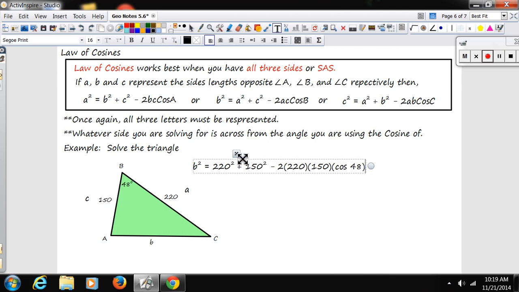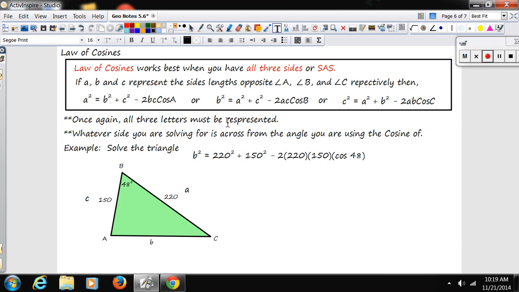Okay, so yeah, it's long to plug in. It's not something you have to memorize. You just need to be able to plug in the pieces. So you got to see that the 220 was my little a, the 150 was my little c, the 220 again was my little a again because little a is next to the 2, and then little c, and then the cosine of b, which in this case was 48 degrees.